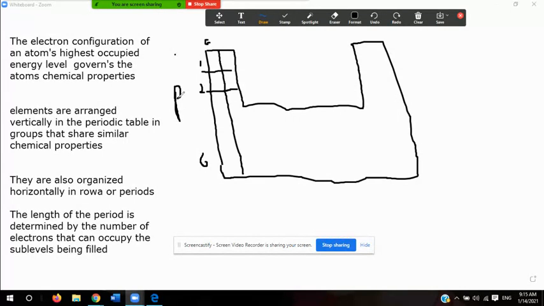So the sublevels being filled are what determine the length of the period. Period two can fill S sublevels and P sublevels, so the length of the period will go from S all the way up to P. I know that can seem a little confusing, but we'll talk about that in just a minute.